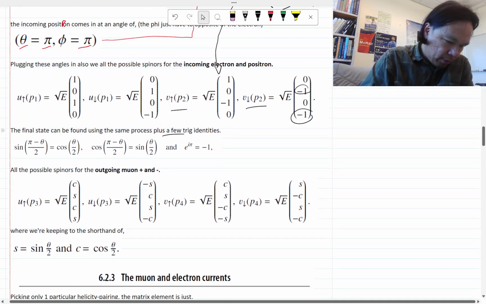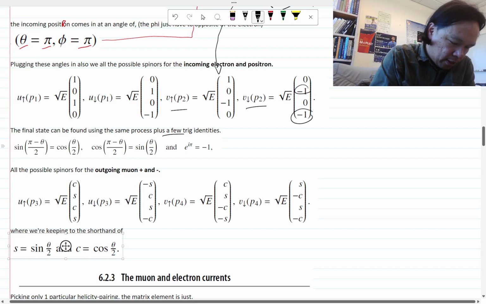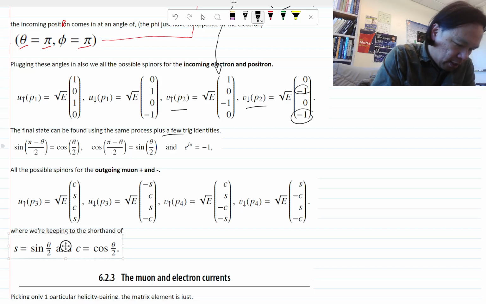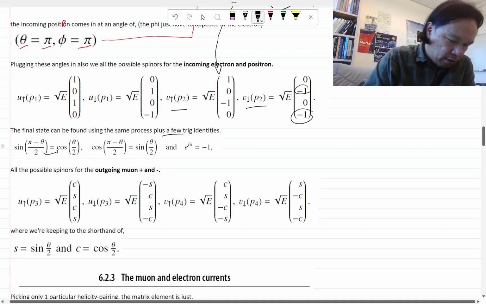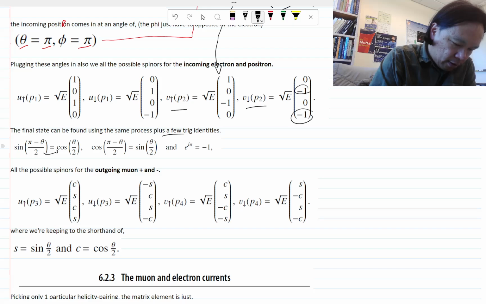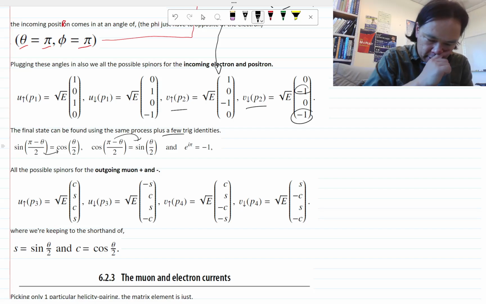Okay. But what we can do is use a little bit of trig identities. Sine of (pi minus theta) over 2 is exactly the same as cosine of theta over 2. And cosine of (pi minus theta) over 2 is the same thing as sine of theta over 2.